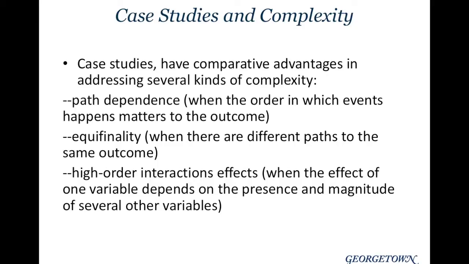And then the third kind of complexity I touched on earlier as well, this is high order interaction effects, where the effect of one variable depends on everything else that's going on. The effect of having a free media depends on whether a society is democratic in other respects or authoritarian in other respects. It depends on whether that free media is aligned with political parties or separate from political parties. There's lots of other things that affect the nature and the interaction of the free media.